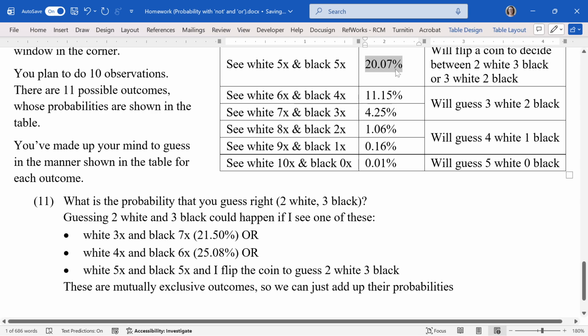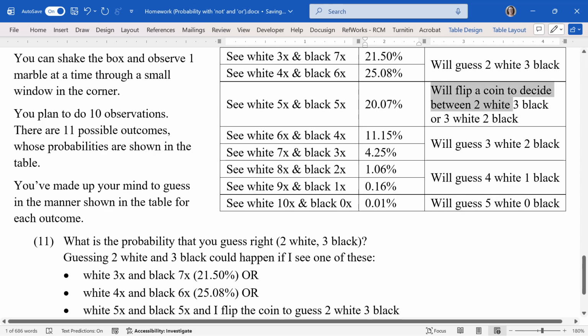But what's the probability that that happens and then I flip a coin and I land on the 2 white, 3 black side, whichever I said that was, heads or tails? So if it's a 50-50 fair coin, then half of 20.07, 10.035, I guess, % of the time, I would guess 2 white, 3 black, and the other 10.035% of the time, I would guess 3 white, 2 black.